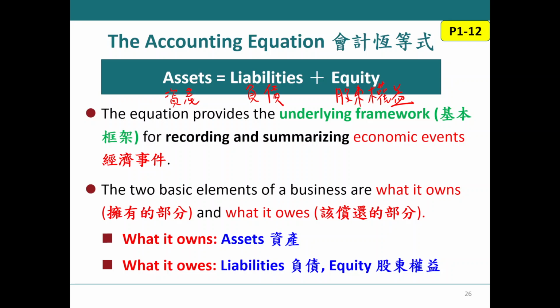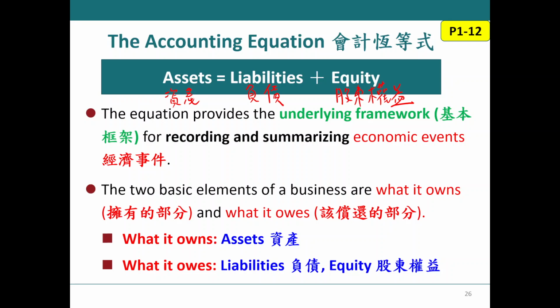In other words, remember, the first time we mentioned it: if your company needs money, there are two ways to find the money, right? Where can we find the money? Borrow money from banks or creditors, right? What's the second way to find the money? Ask investors to invest in your company, right?